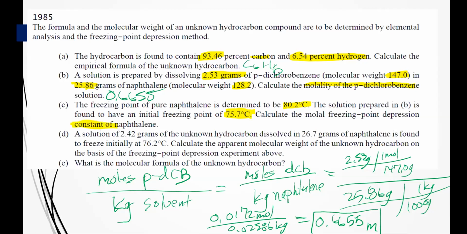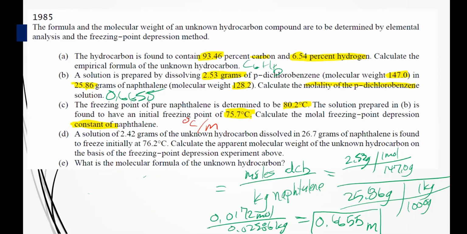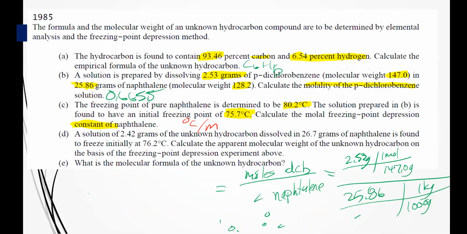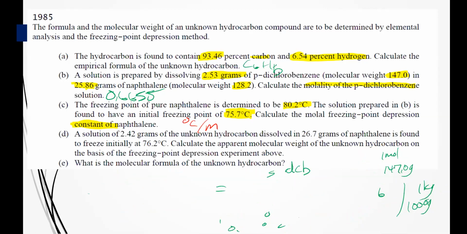Now, the units for depression constant is delta C per molality. So what we want to do is calculate how far we have depressed our freezing point for this solution. And then we want to calculate how much molality we used to get there.